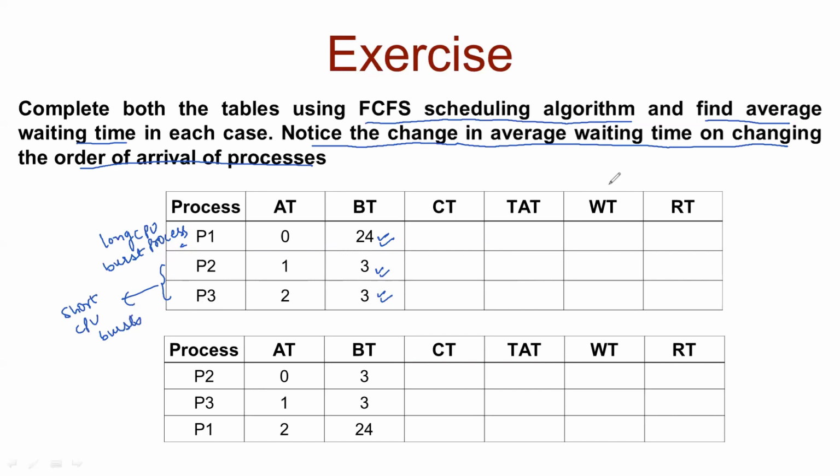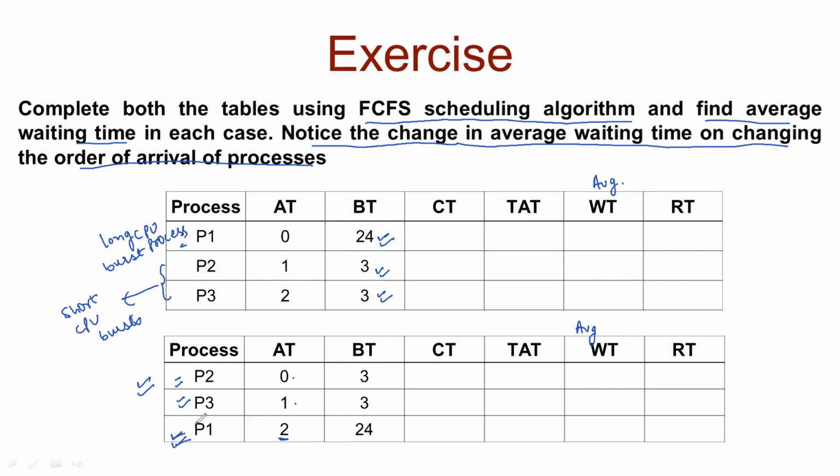So you have to find out the average waiting time in this case. The case when a CPU bound process came first. Second is the case when the process with short CPU burst get the CPU first because they arrive early. And the process with long CPU burst arrive late, so it gets the CPU late. So in this case, you also have to find the average waiting time. You just notice the change in the average waiting time if the long CPU burst process arrives late.